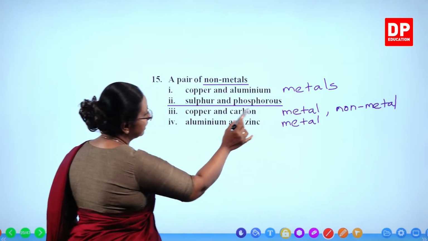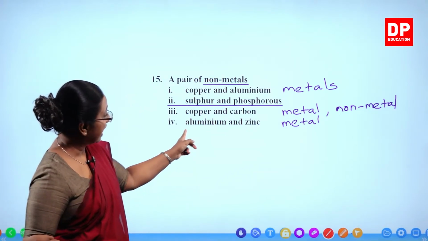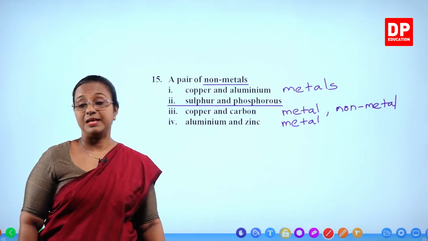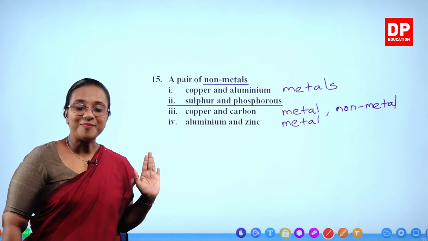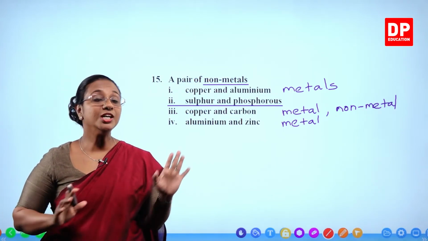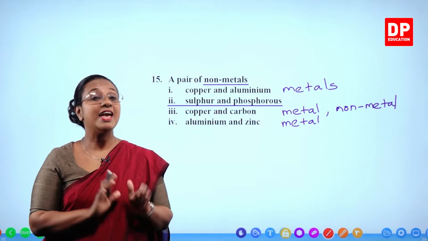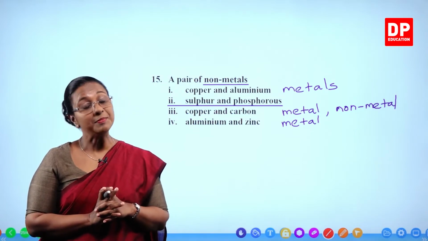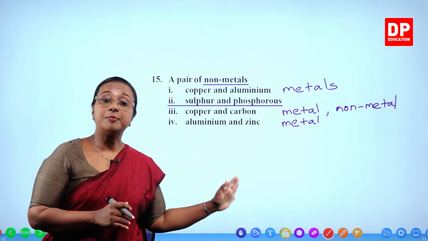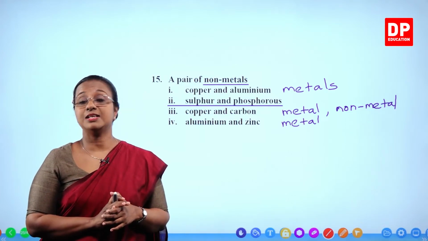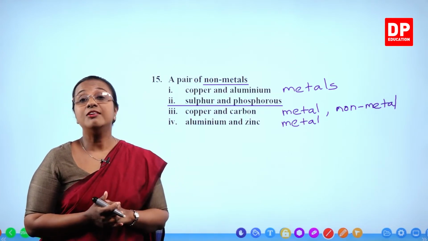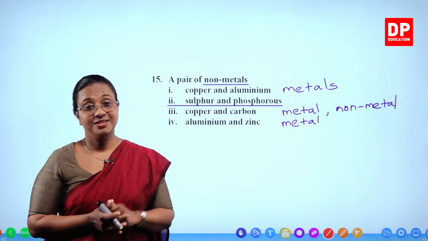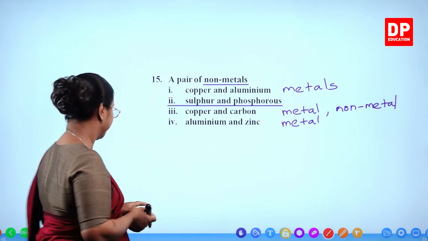Copper is a metal, carbon is a non-metal, and aluminium and zinc both are metals. So up to here students. I'm sure you all understood all the questions and you all also answered them correctly. Now I'm going to move on to the second extra question where we have to write the answers. I'll move on to the next slide.